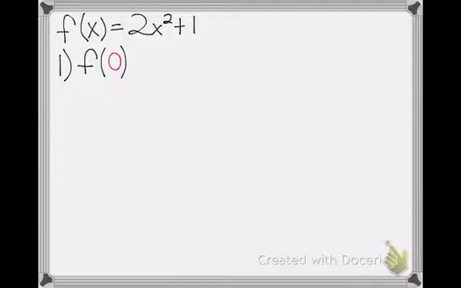What we literally mean is we're replacing all of the x values in the original definition of the function, 2x squared plus 1, with the symbol 0. I've made 0 red so you can keep track of where we're plugging it in. I've gone back to the original function, found all of the x's, and literally replaced the symbol x with the symbol 0 in parentheses.